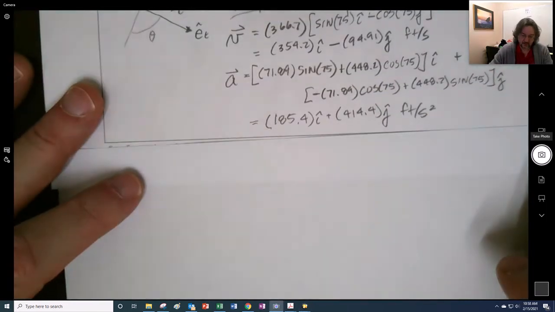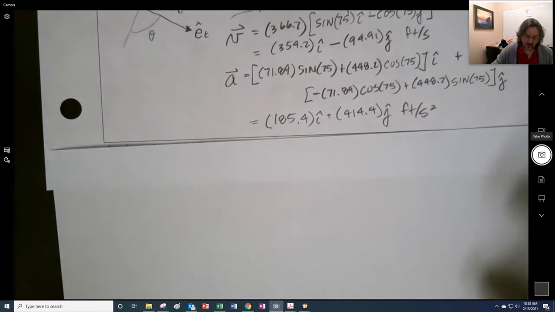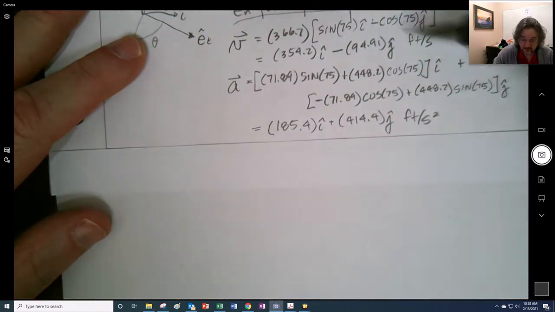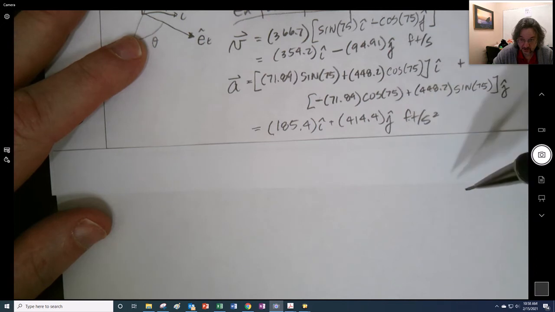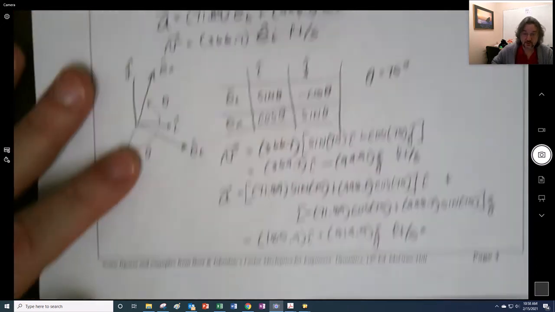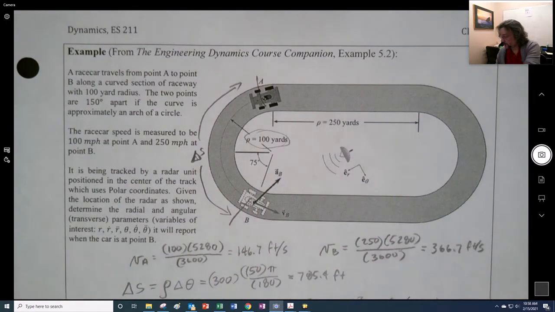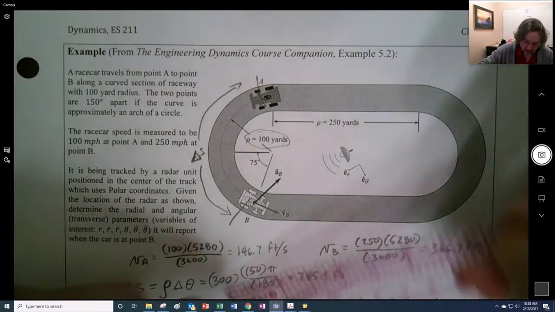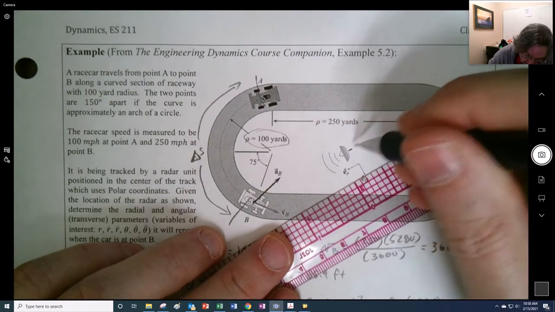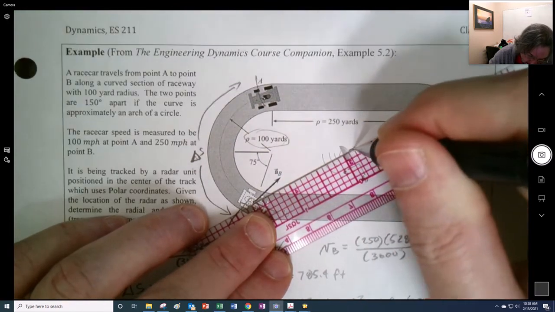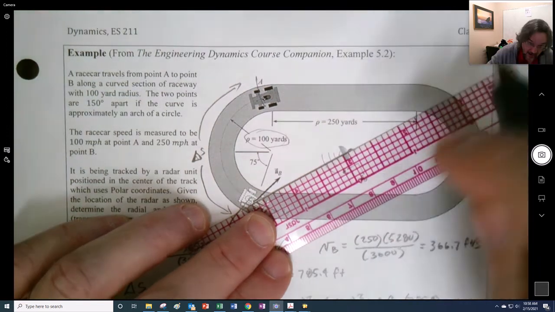Okay, carrying on. So now I have to figure out how to get these two into polar coordinates. Well, to start out with, let's go back to this original one up here, and we need to figure out, first off, where, okay, so this one's in the center. We need to figure out the orientation. We need to figure out r and theta.